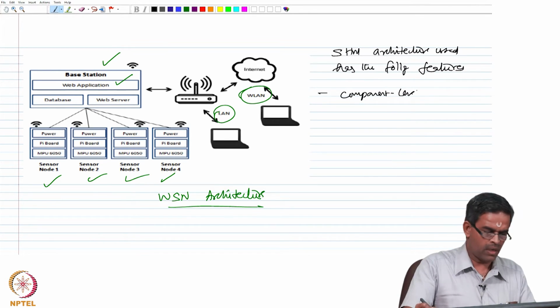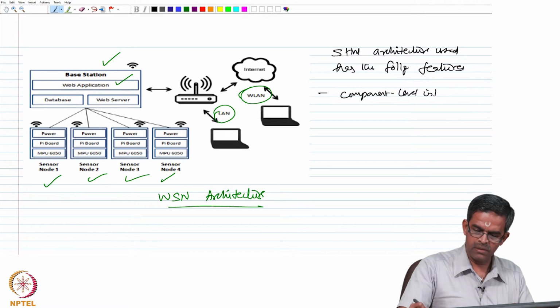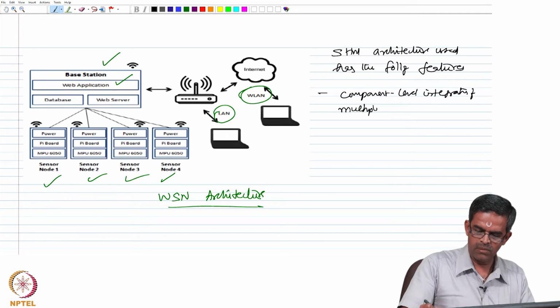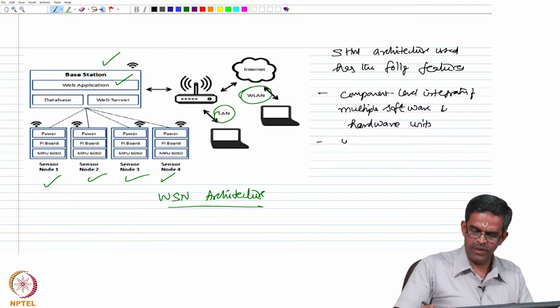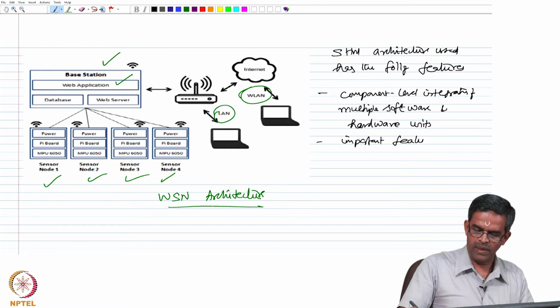A component level integration of multiple software and hardware units, which is a very important feature of the design.